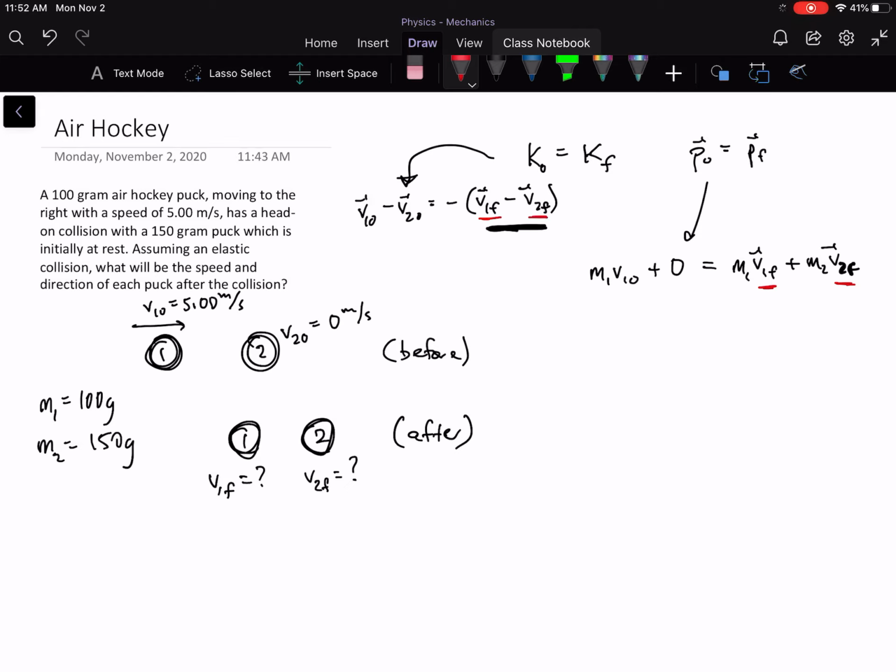So the technique here is to use this system of two equations and substitute one into the other to solve for what we want. It's pretty arbitrary which one we solve for and then substitute for, but I'll pick v1F as what we want to solve for.